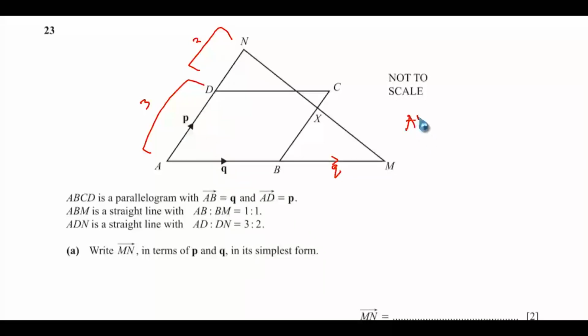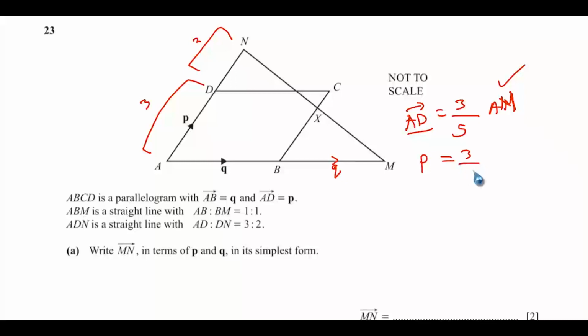So let me show you. Vector AD is equal to, what's the ratio of AD? That is 3 over the total ratio 5 multiplied by AN. Since we know the value of AD, then we can get the value of AN. So AD is equal to P. We have P equals 3 out of 5, then multiply by AN.